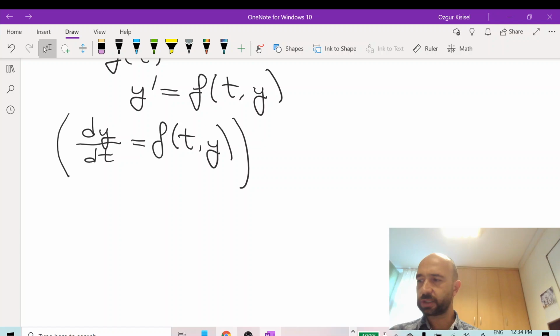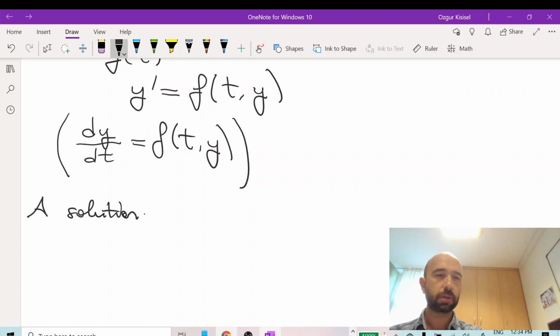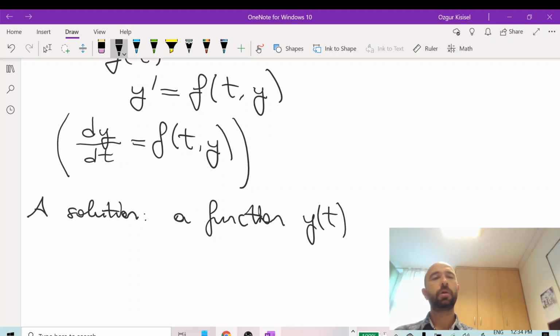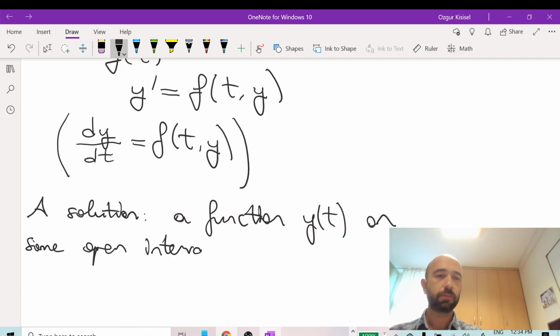Now, what is a solution here? First of all, a solution is a function. A function y of t should be, well, what's its domain? On some open interval AB.